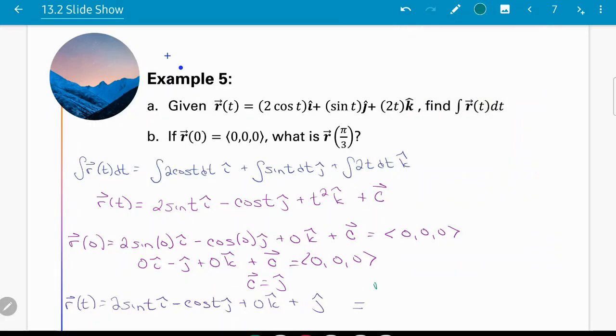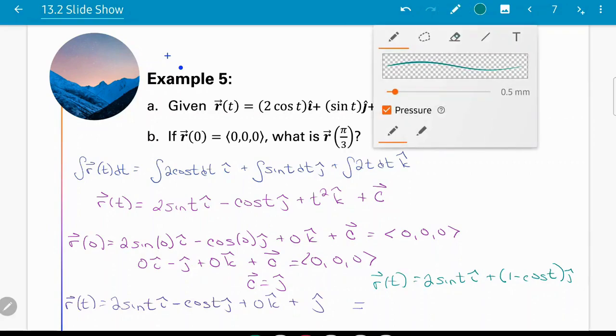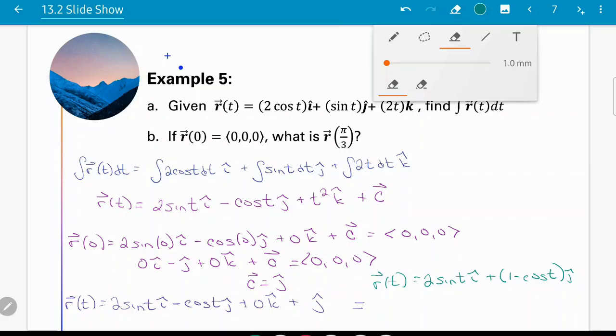And so r of t becomes 2 sine t i hat plus 1 minus cosine t j hat. I apologize, that's not 0 k hat, that should be a t squared.